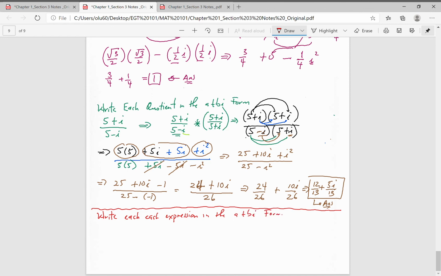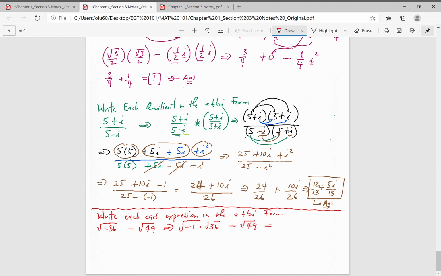So we have root negative 36 minus root 49. If we solve this, we can say the square root of negative 1 times the square root of 36 minus the square root of 49.